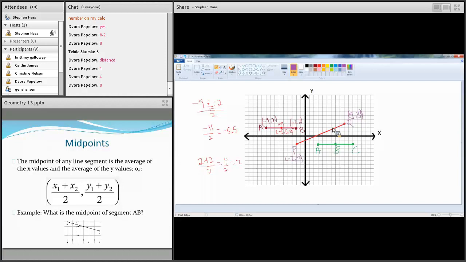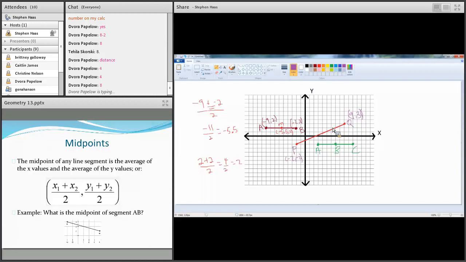Okay, well, let's figure out what each of the points are. Point A is negative 1, 2, 3, 4, 5, 6, 7, 8, 9, and 2 up. So point A is negative 9 and 2. Point B is negative 2 and 2. So, what is the average of the x value? Well, how do you get an average, by the way?